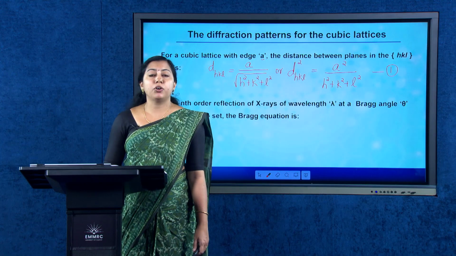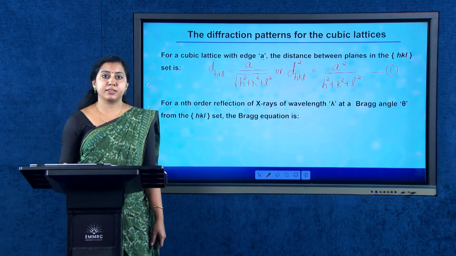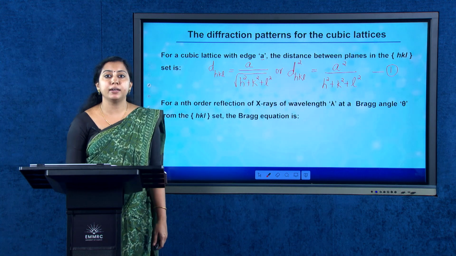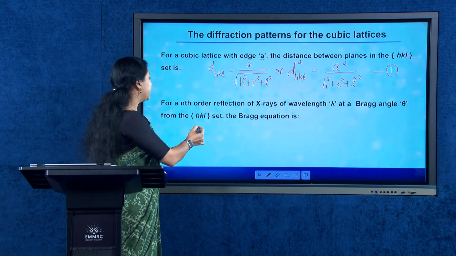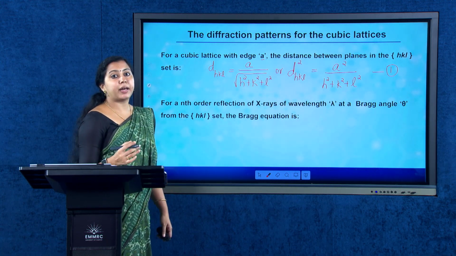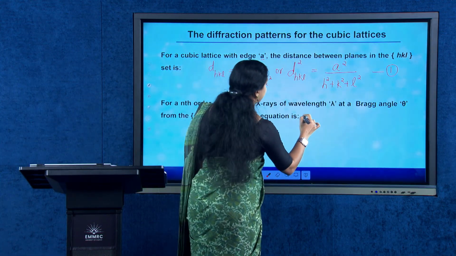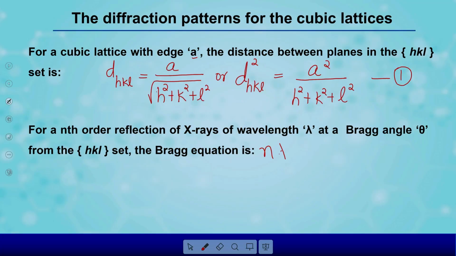For an nth order reflection of X-rays of wavelength lambda at a Bragg angle theta from the hkl set, the Bragg's equation is given by n lambda equals 2d sin theta. Let this be equation 2.